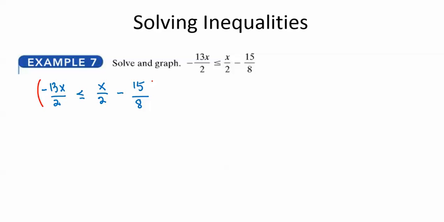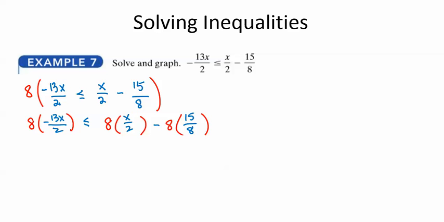So what I want to do is multiply both sides of the inequality by the least common denominator of all the denominators. Now I'm going to take this extra step this time. What we want to do is to multiply each term individually by 8. And let's see what happens.